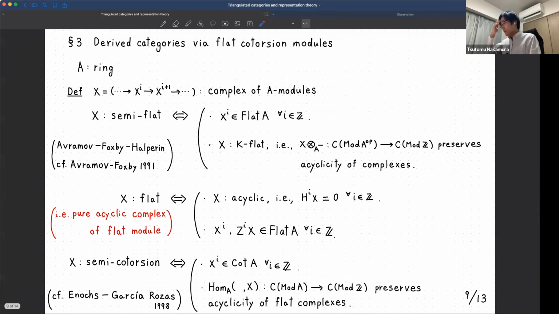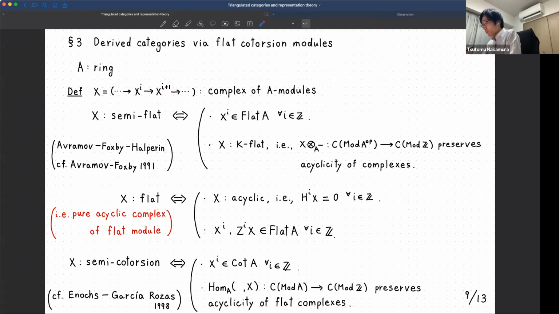So here I'd like to explain how the derived category can be realized via flat cotorsion modules. And in this section, A denotes an arbitrary ring. And I will use the cohomological notation for complexes of right A-modules.